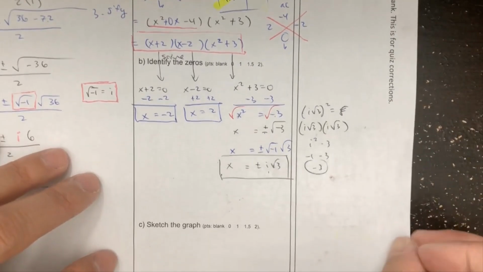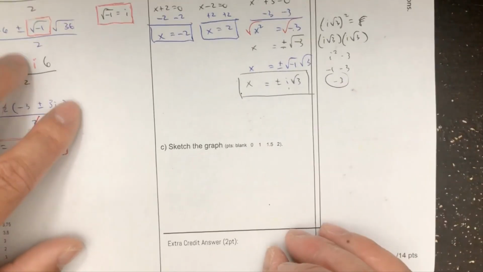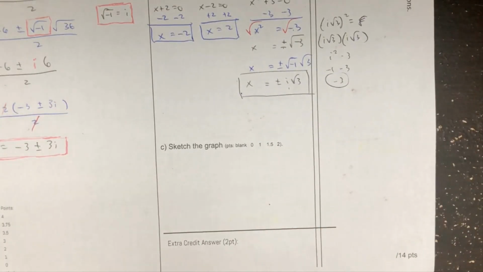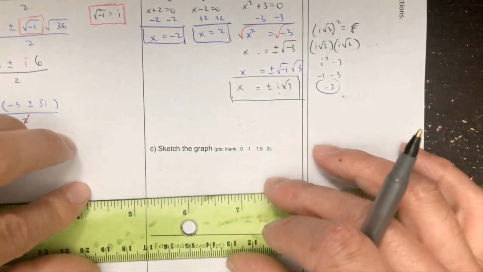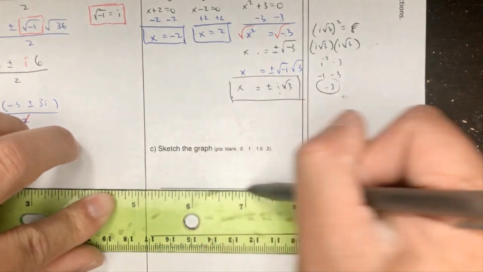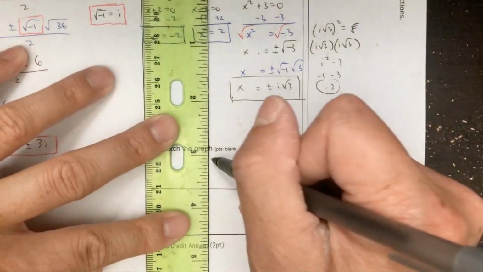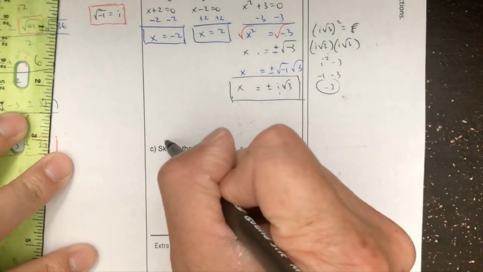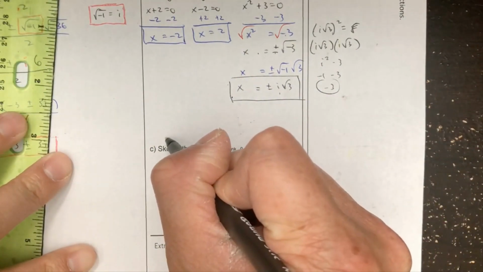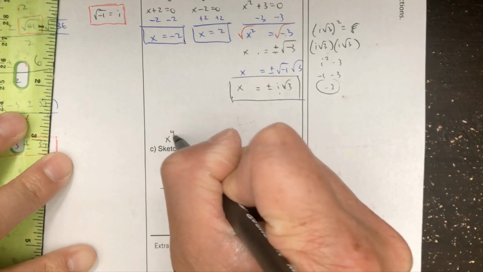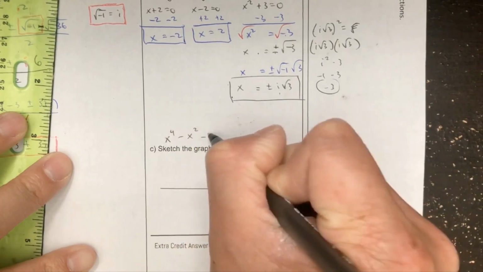Okay, sketch the graph. Sketch it. Use my straight edge. I'm going to write the original problem down here just so you can see it. x to the 4th minus x squared minus 12.